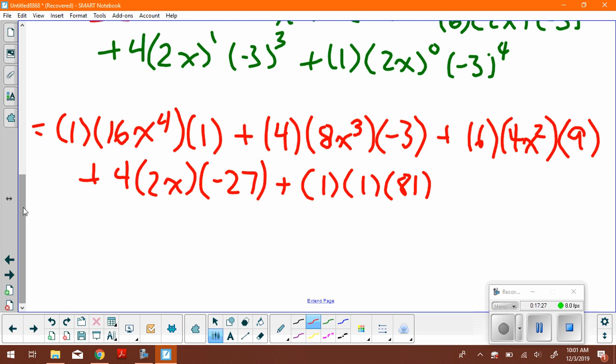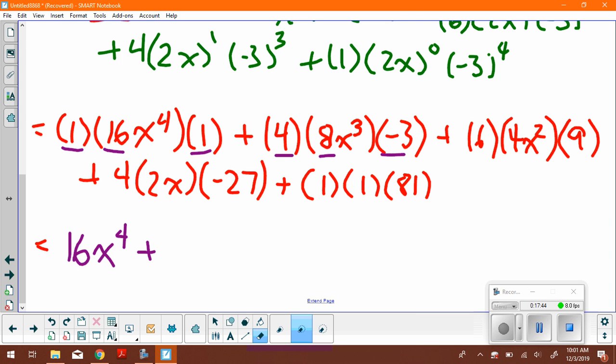Finally, I can put all my terms together. Again, we're just multiplying coefficients here. What's 1 times 16 times 1? That is 16, and I have an x to the 4. I need to do 4 times 8 times negative 3, which means this will change to a negative sign, and I believe that is 96, x to the power of 3.